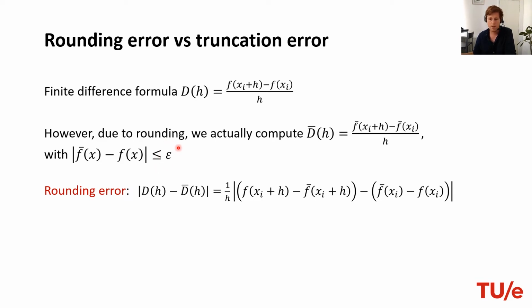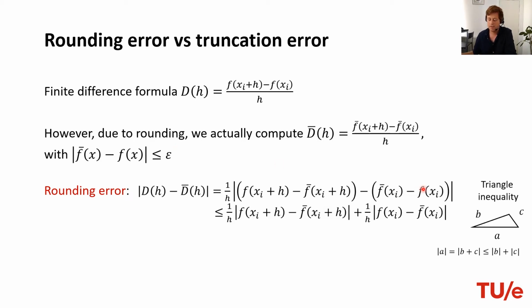And for this, we can use the triangle inequality. And the triangle inequality, well, I just show it shortly here. It basically says that if you have the absolute value of a sum, this is always smaller than or equal to the absolute values of the individual components added together.